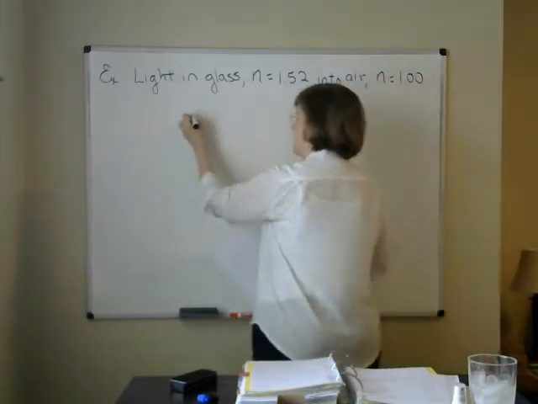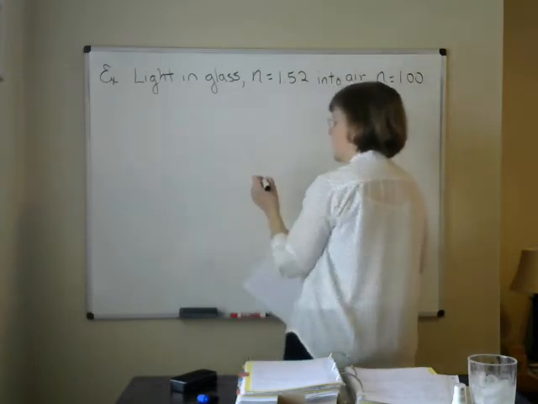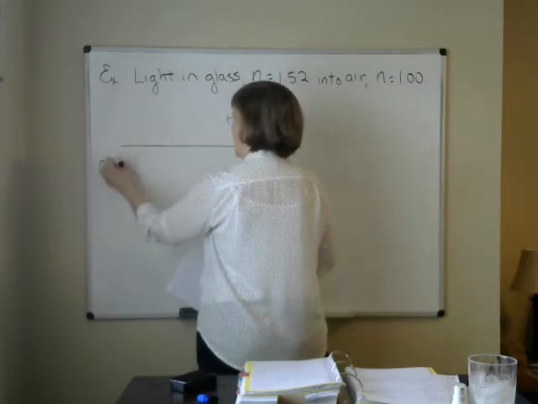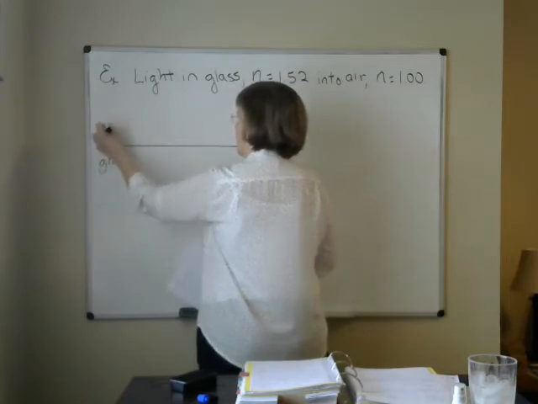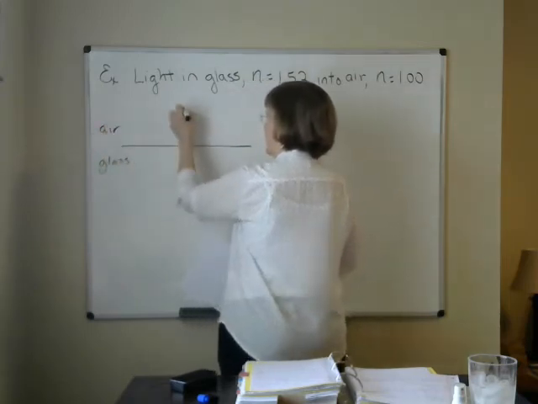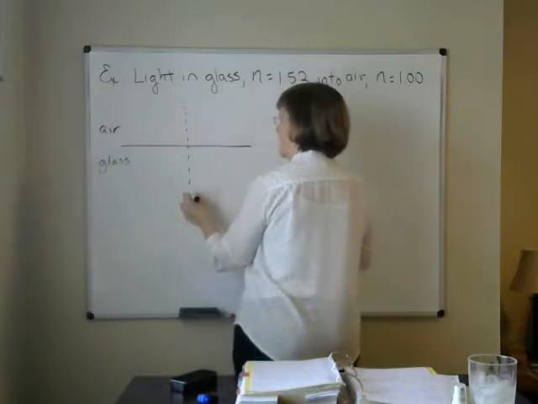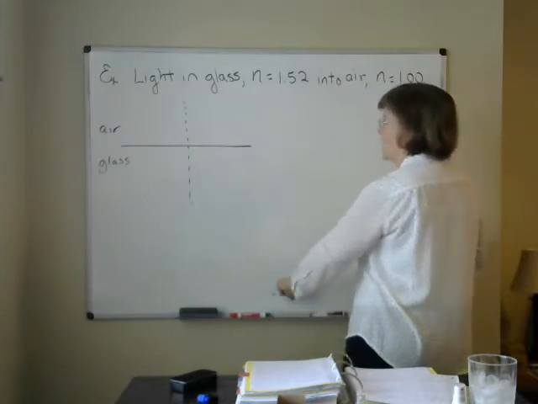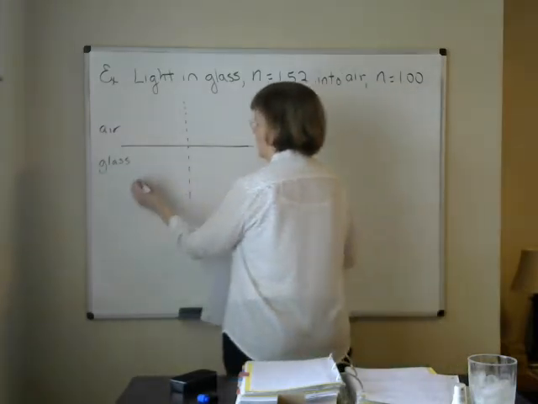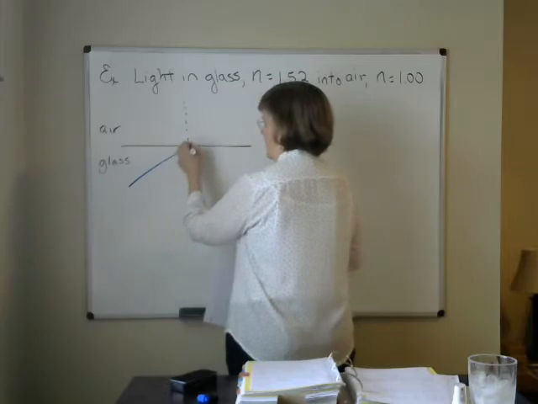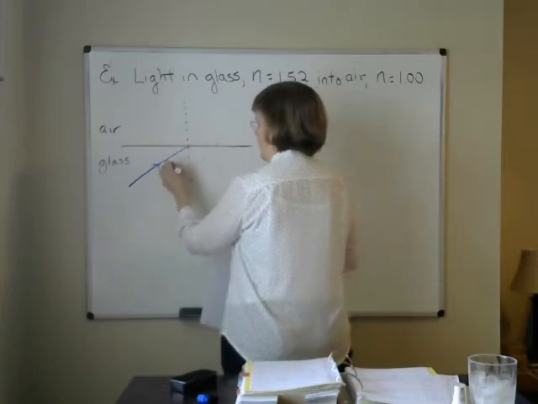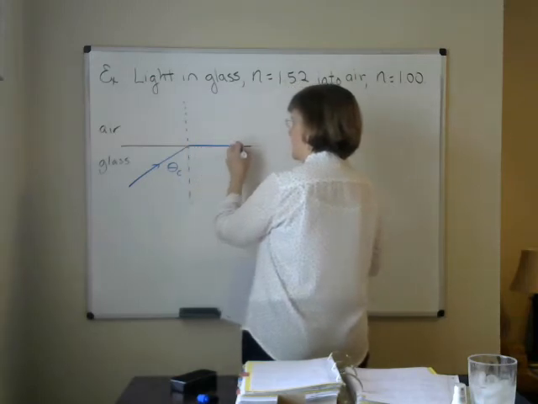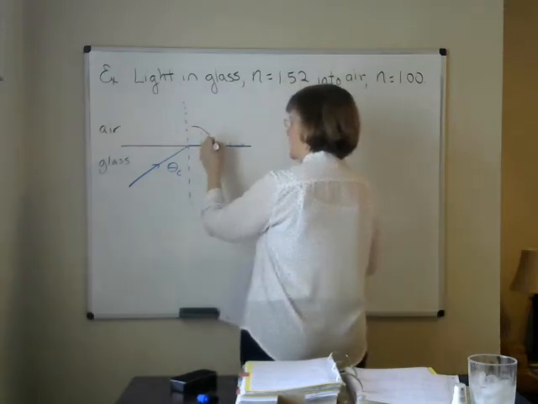And we want to find this critical angle. Doesn't matter how we draw it. I'm going to put the glass here and air here. There's my normal or my perpendicular that I have to measure from. And what I'm saying is for what angle, that angle is called theta critical, would refraction hit 90 degrees.